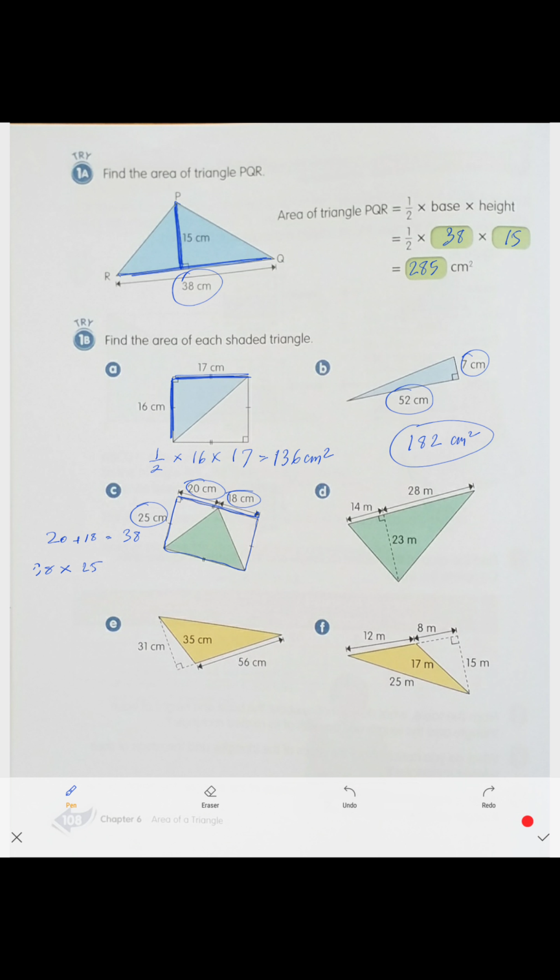Okay, and then you need to find this triangle. You can do it directly, right? This triangle will be half of the product of these two numbers, and this triangle will be half of the product of these two numbers, 18 and 25, right?